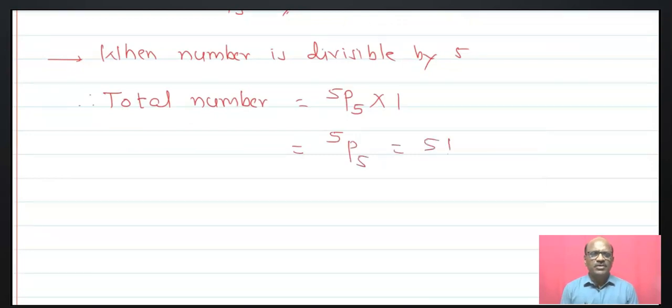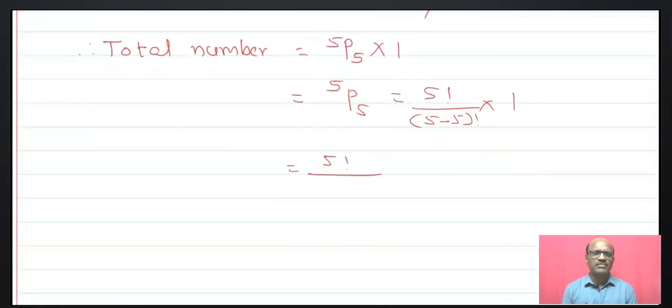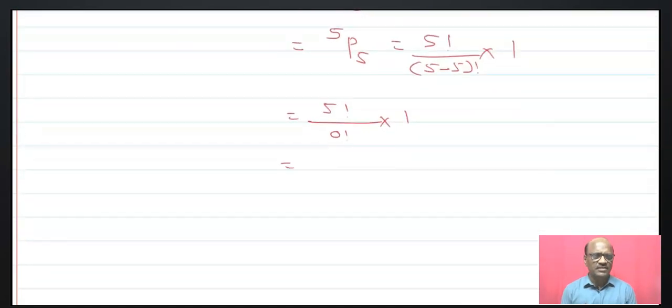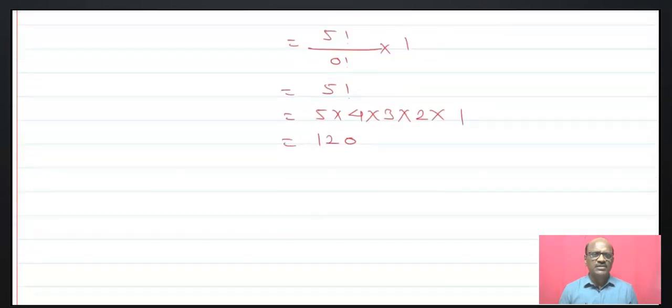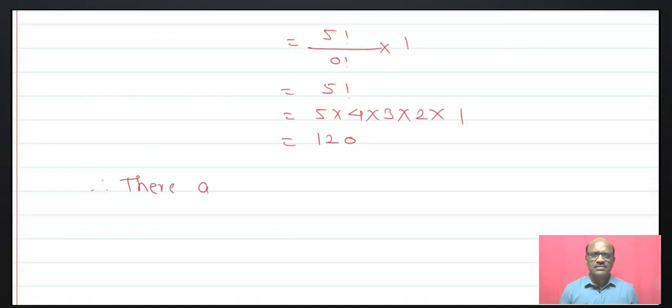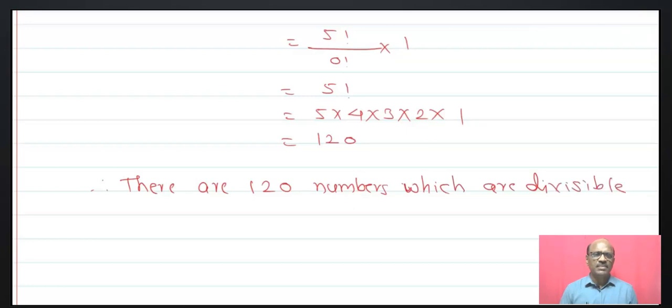That is 5 factorial upon (5 minus 5) factorial, into 1, and overall it is 5 factorial. Therefore 5 into 4 into 3 into 2 into 1, and that is equal to 120. Therefore there are 120 numbers which are divisible by 5.